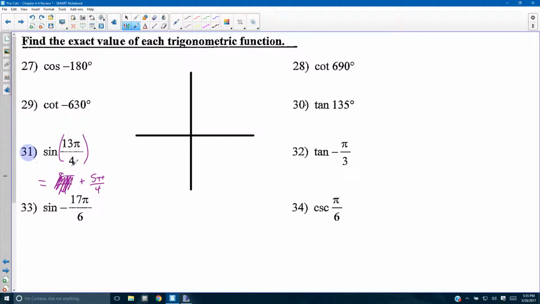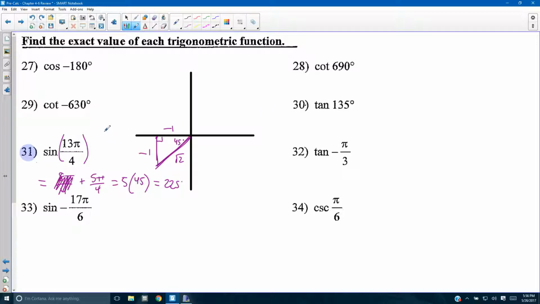So get this out of the way. 5 pi over 4 is 5 45s, or it's 1 pi over 4 more than pi, right? Because that's 4 pi over 4. 225 degrees. That is a third quadrant guy. That's 45 under 180, down from 180 right here. That ratio relationship, again, is 1 to 1 to root 2, where the ones are both negative as they go left and down.